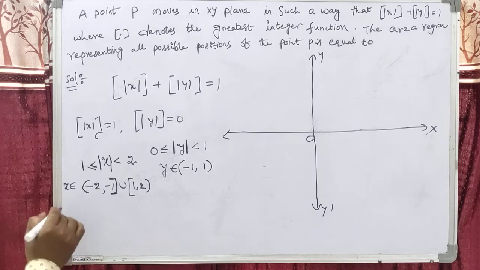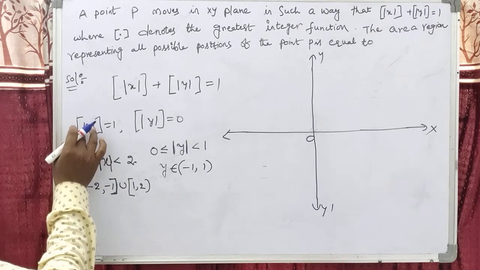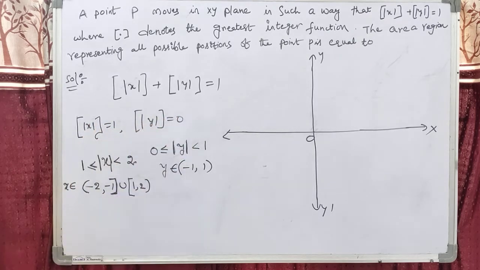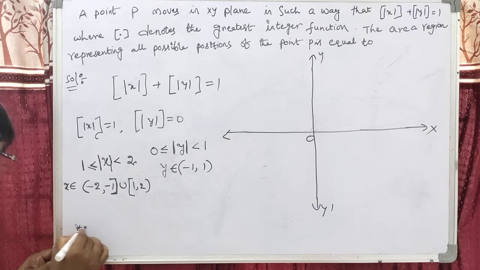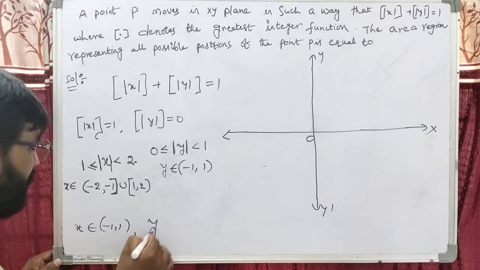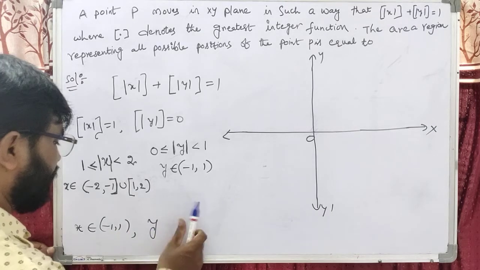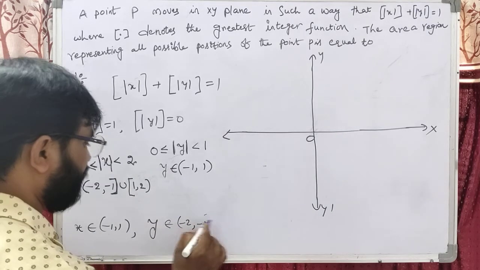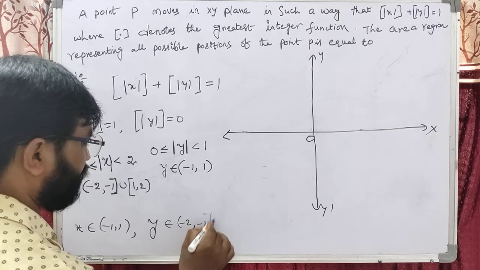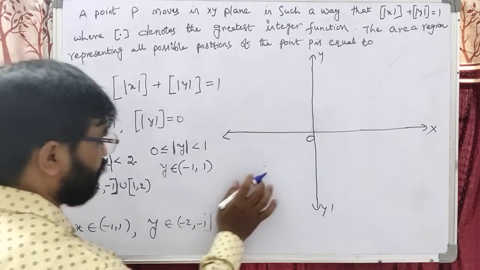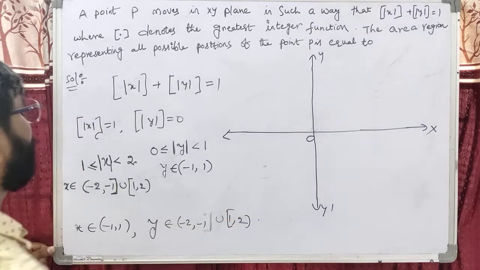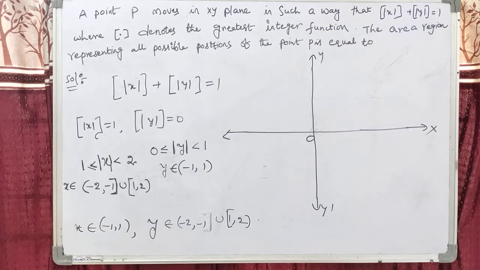Another case is if the step of mod y is 1 and step of mod x equal to 0, then you can write it as: x belongs to minus 1 to 1 if y belongs to minus 2 to minus 1, union 1 to 2. We can write union 1 to 2.